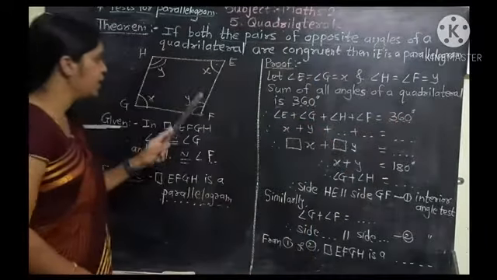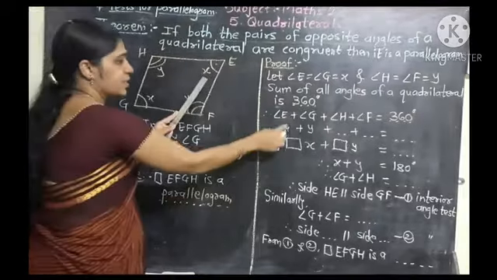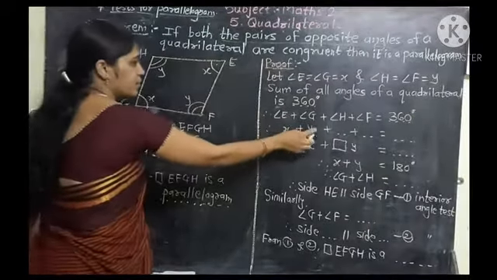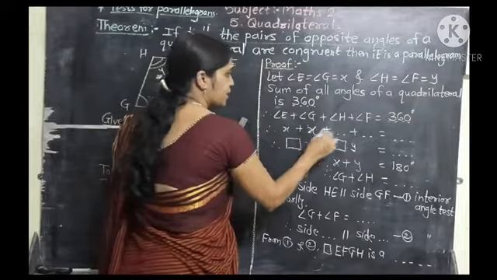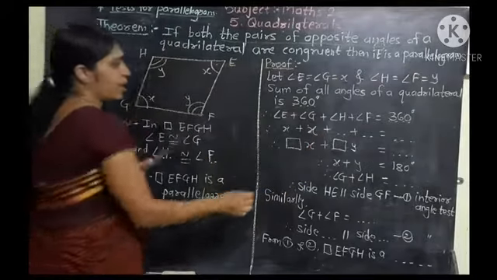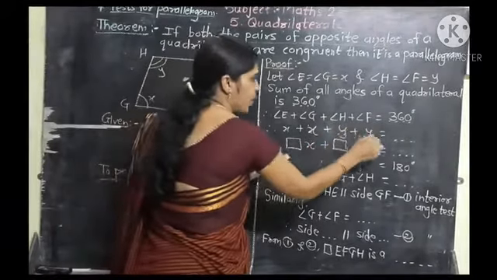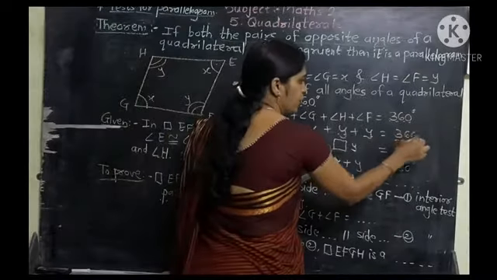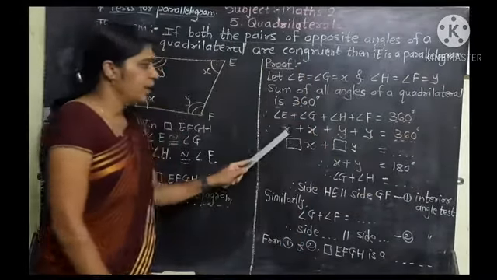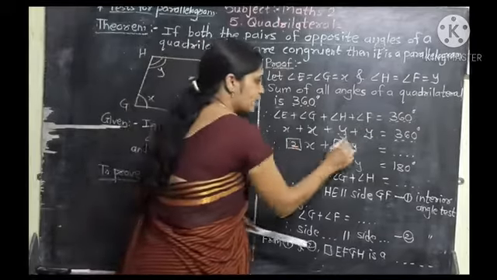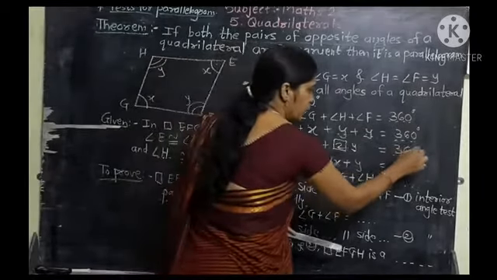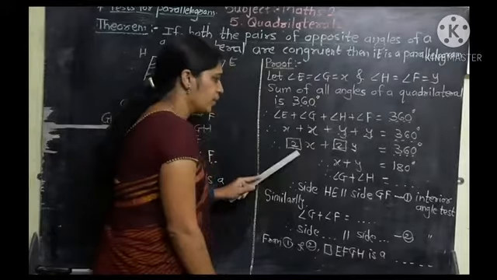Now see, E means x. G means x. H means y. F means y, equal to 360 degrees. x plus x becomes 2x, y plus y becomes 2y, equal to 360 degrees.